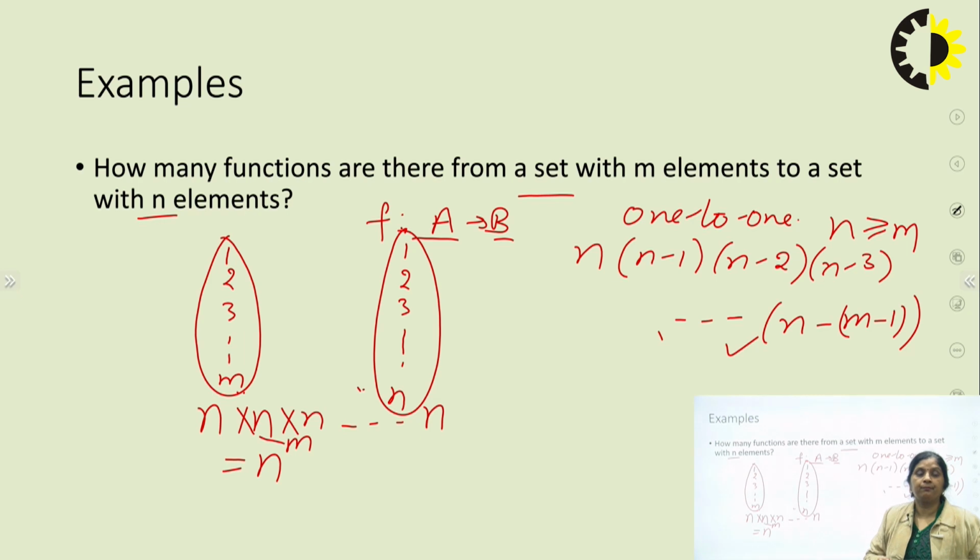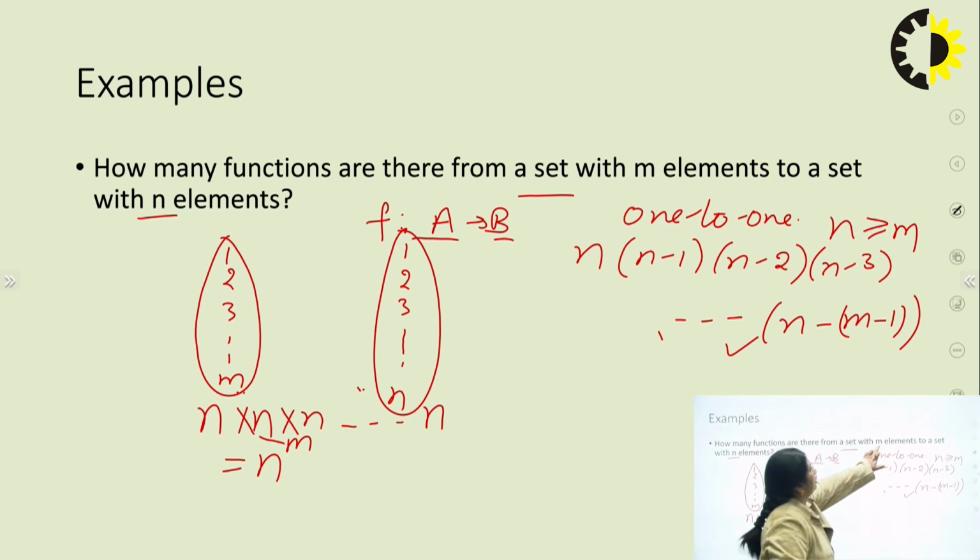1-to-1 type. Number of possible functions are n to the power m, but the number of possible one-to-one functions are n into n minus 1 into n minus 2 into n minus 3 up to n minus m plus 1, where m is the number of elements in the first set and n is the number of elements in the second set.